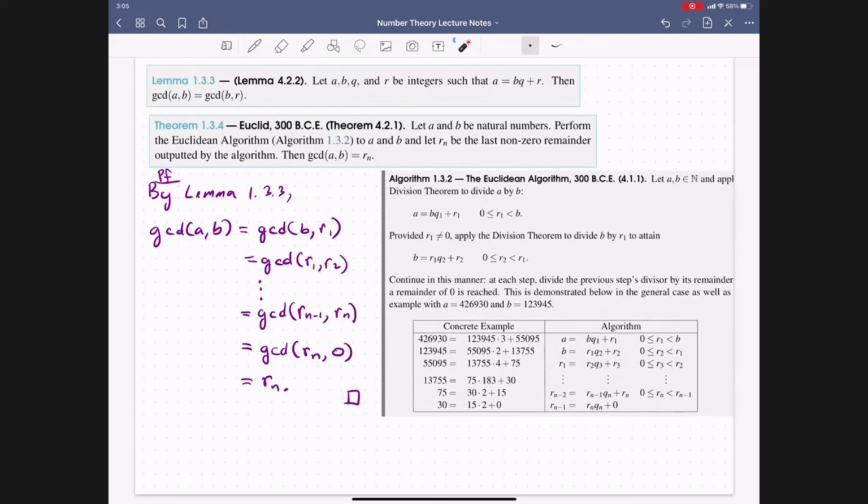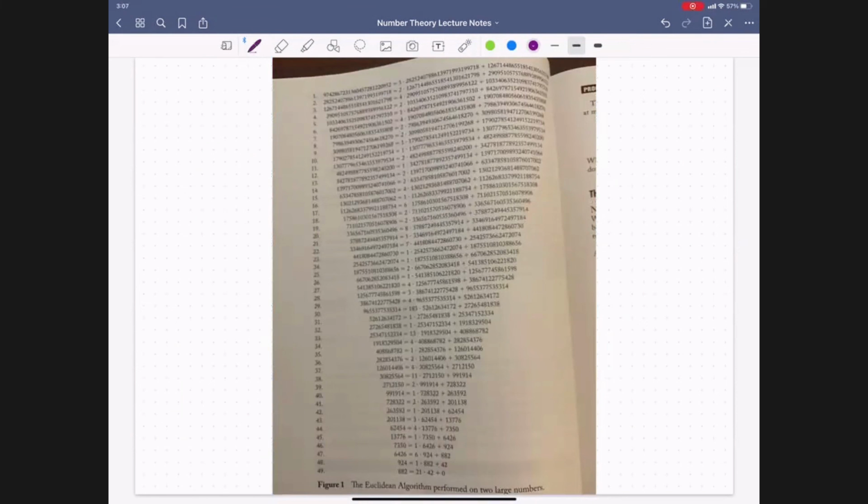So as an example, if you go to the textbook on page 162, actually, let me go ahead and add that picture here. So this is the example mentioned on page 162. And so here, the text computes the GCD of two numbers, both 25 digits long.